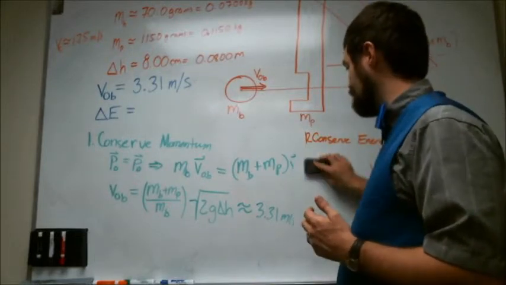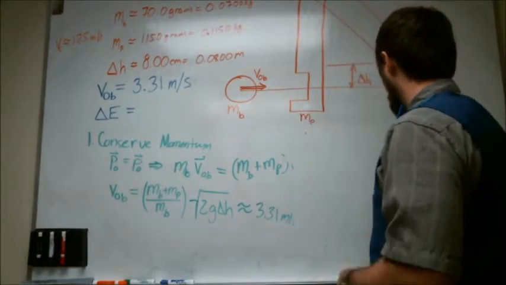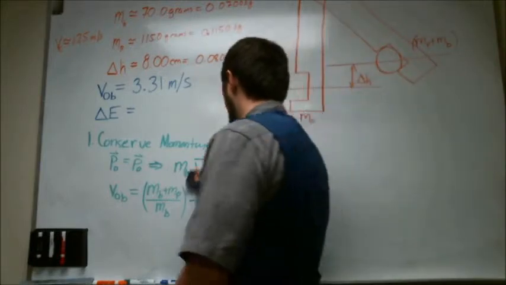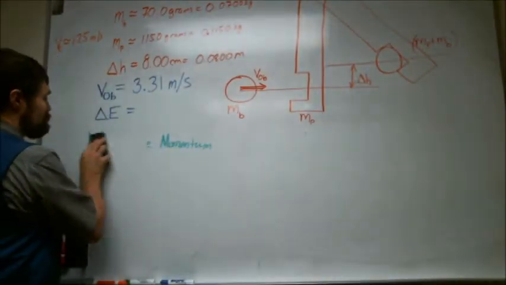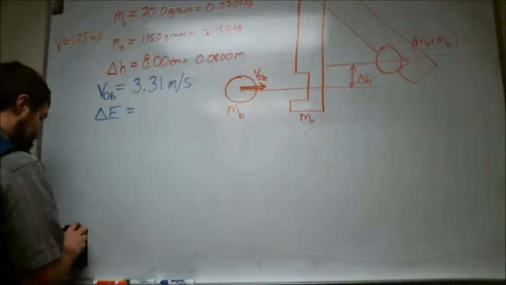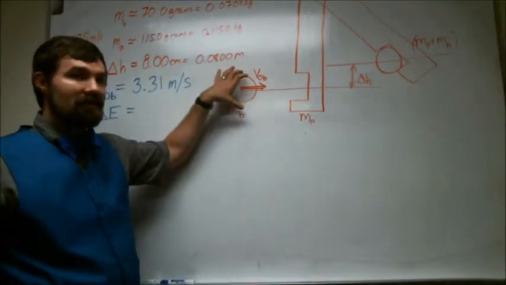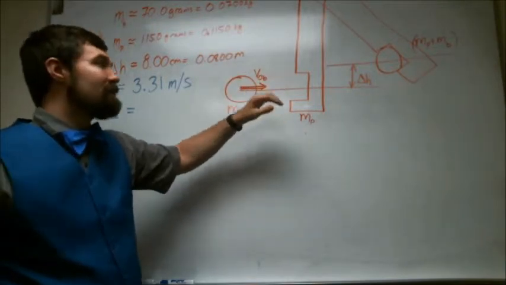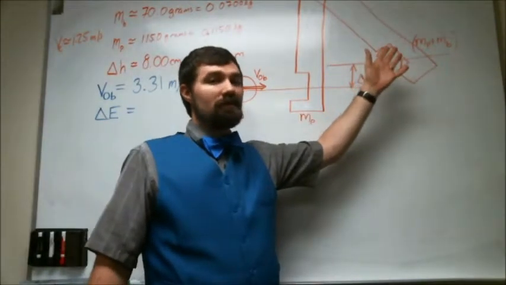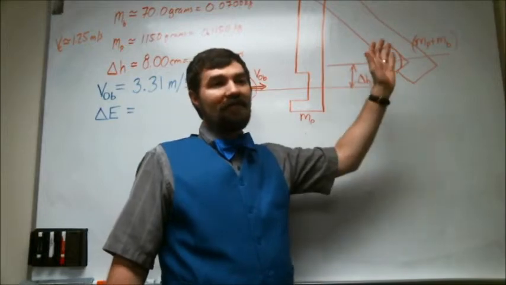Now what we want is to find the total energy lost by the system. So that basically means that we're looking for the energy of the ball before it hits this pendulum bob, and then the energy of the bob plus ball combined sometime after it's hit.